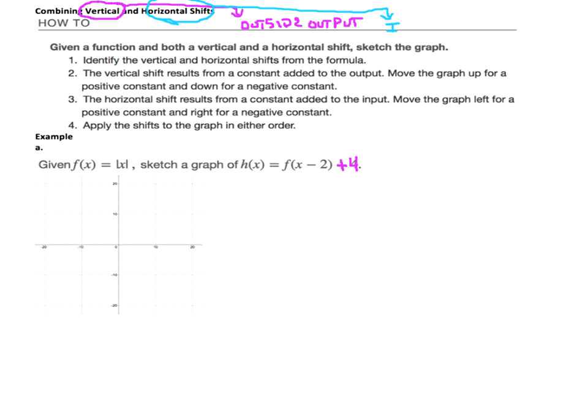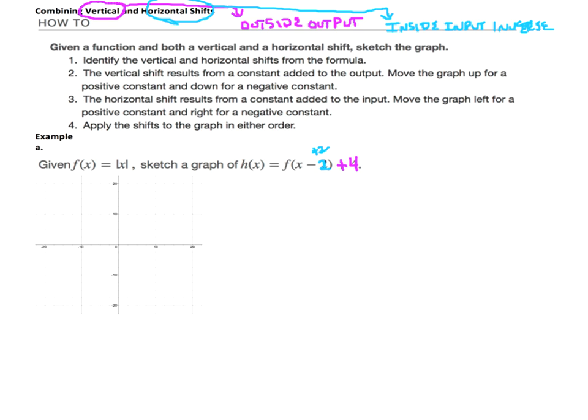I have to remember this is happening on the inside, input inverse. It would be kind of the opposite of what I would think actually happens. So it says -2, but remember that minus is in the form. So actually what's happening is I'm shifting right 2.